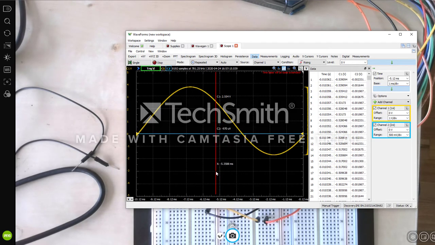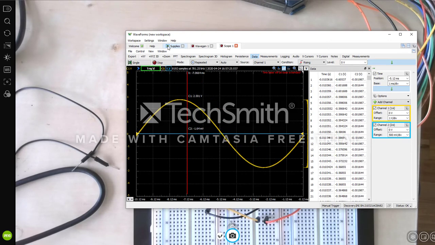Right, as you can see, we have an AC voltage with a DC offset, right? Let's turn off the DC offset. And this is our AC voltage across the 5.6 resistor.